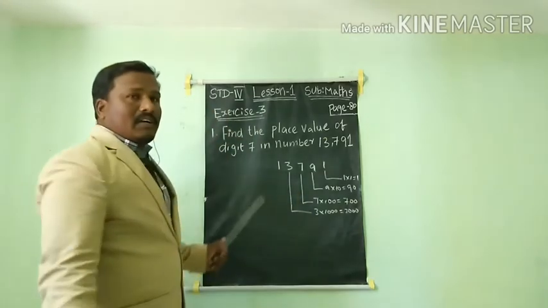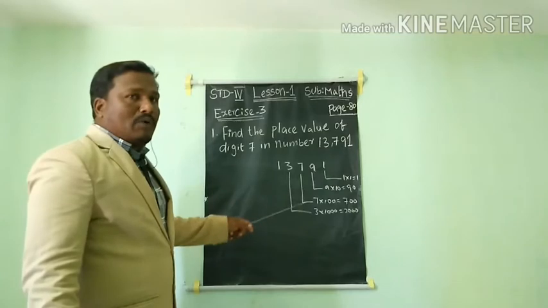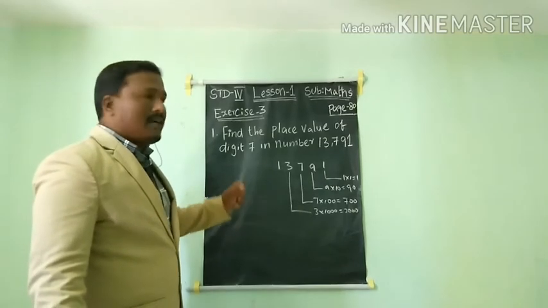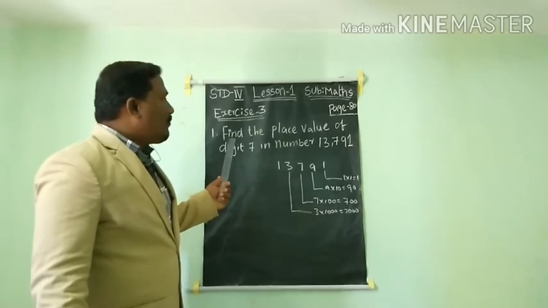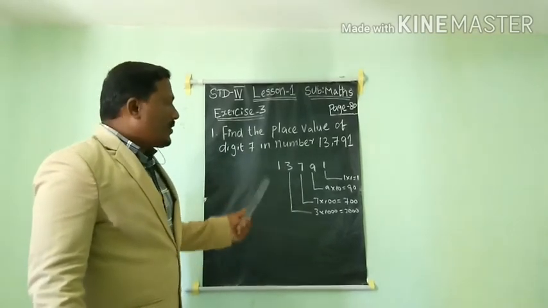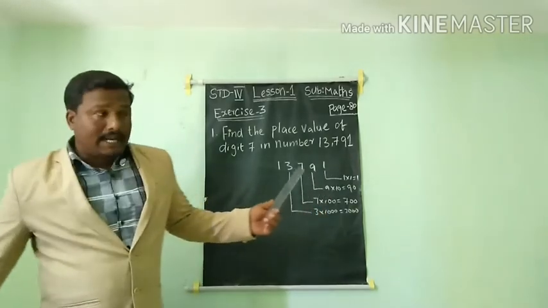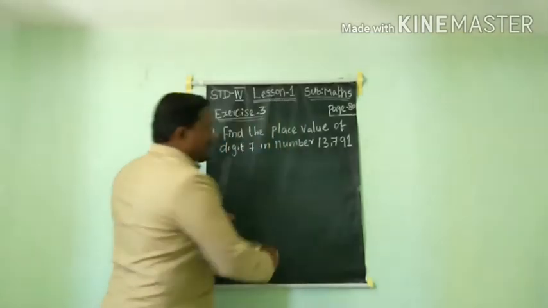Like this. Last class we talked about how to find the place value of a number. Okay, but this sum is different. We want to find the place value of any one digit, so there is no need to do it like this. We will see another method to find the place value of a digit.